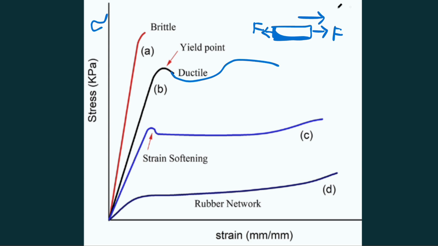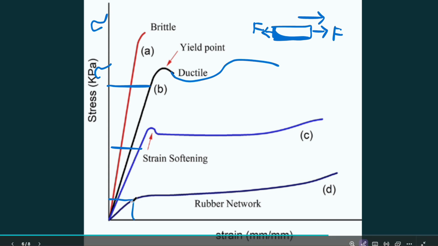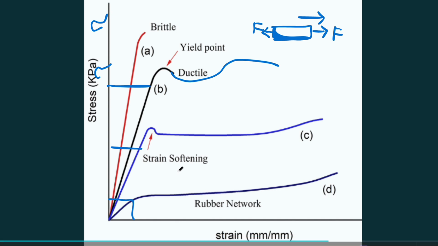It's really hard to deform, really hard to increase the length. This is brittle, and for ductile material, a lower force can make it deform, and the strength is lower, and the lowest is rubber. It's easy to stretch.